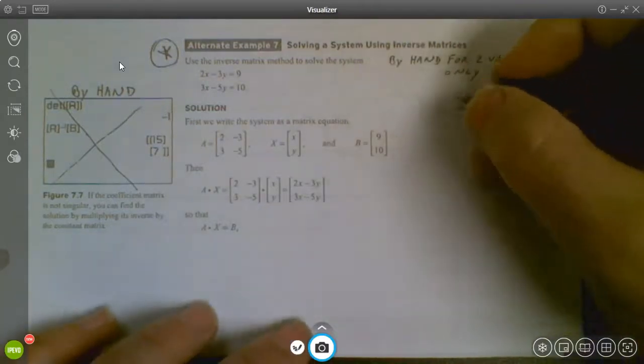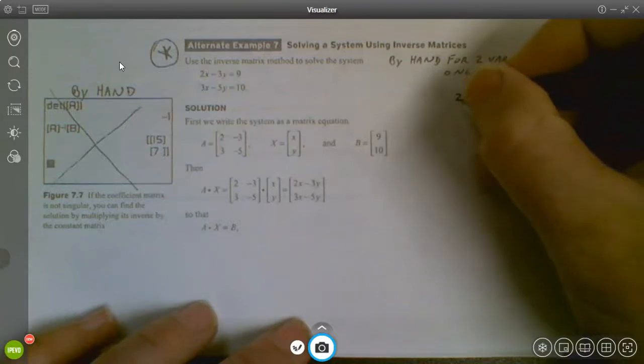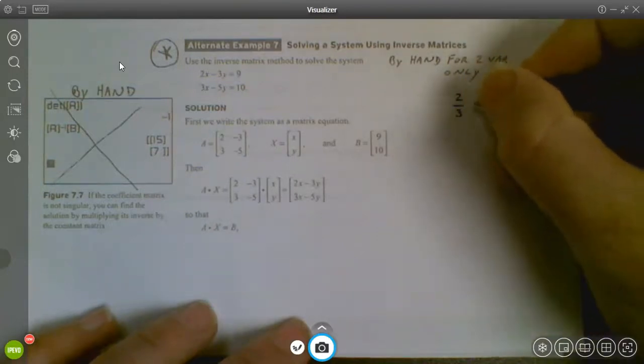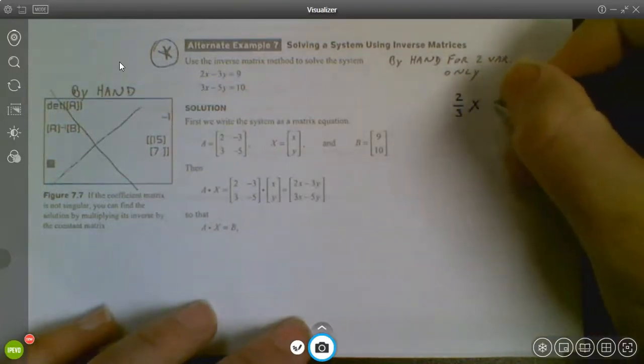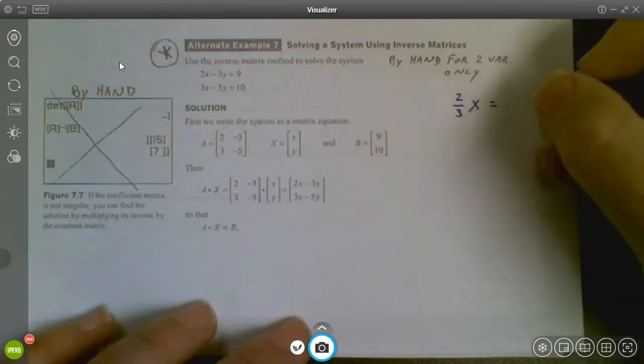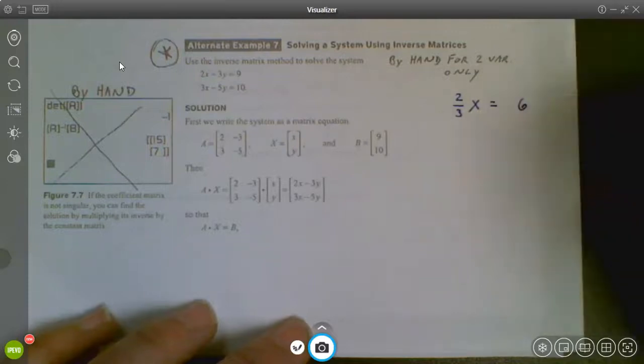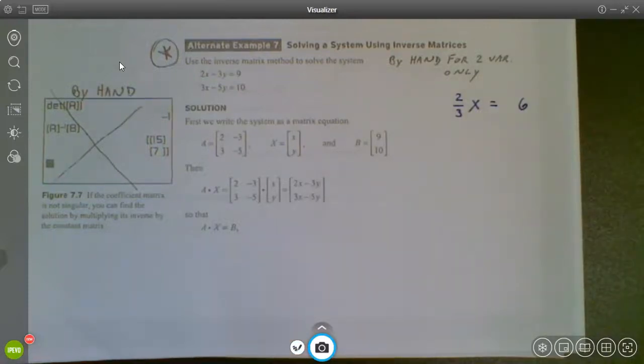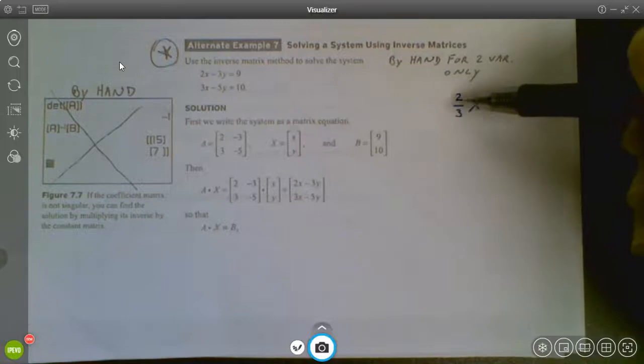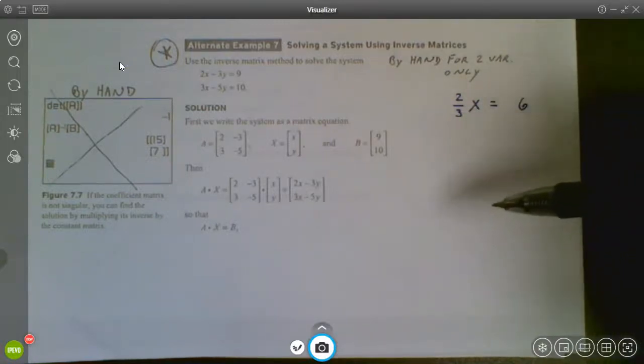Let's just say you had an equation that looked like this. Let's keep it simple. Let's say 6. And I just said solve that equation. Well, how would you solve it? You would multiply both sides by the reciprocal, or the inverse, of 2/3.